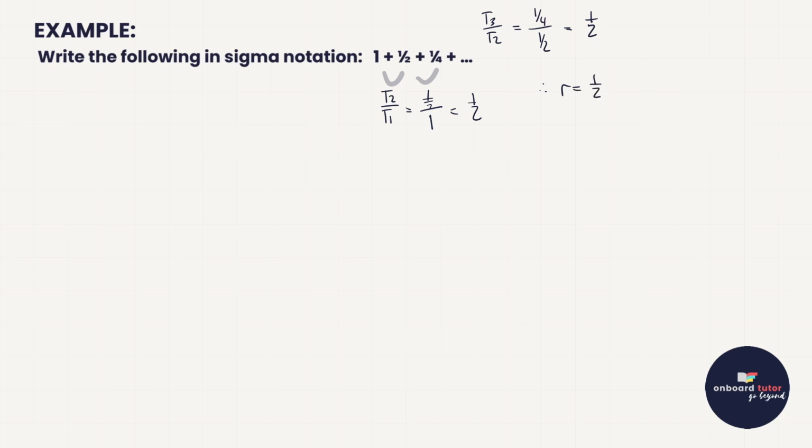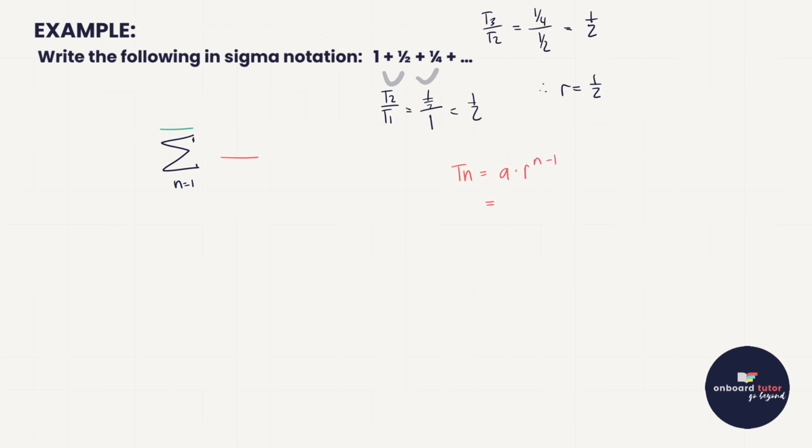Now what we need to do to complete our sigma notation, let's get it ready here. We need our Tn that we're going to write in there. We're going to start with n equal to 1, and we need to know what value we would write on top to complete this sigma notation. So let's figure out what the Tn is of this geometric series. That's a times r to the n minus 1.